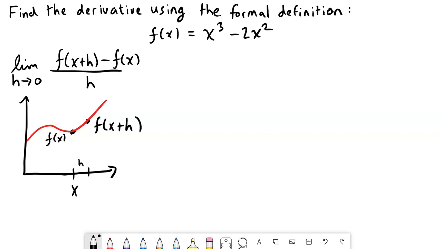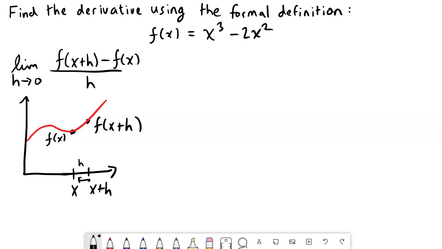What I want to do is make h get smaller and smaller, so bring this value closer and closer to x, and then find the slope between the two points. The slope is the rise over run, so it's f of x plus h minus f of x, all divided by x plus h minus x. And then the x's cancel out, and we want h to approach 0. So that's where the definition comes from. I'll keep it here if you want to look at it some more. This is x plus h.